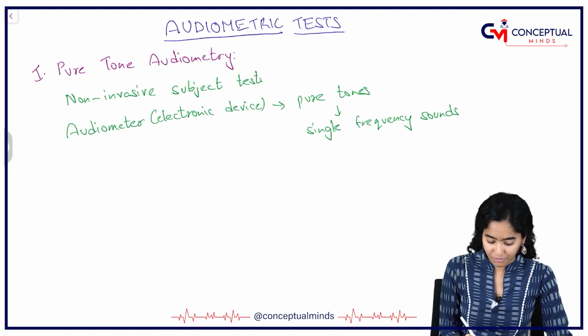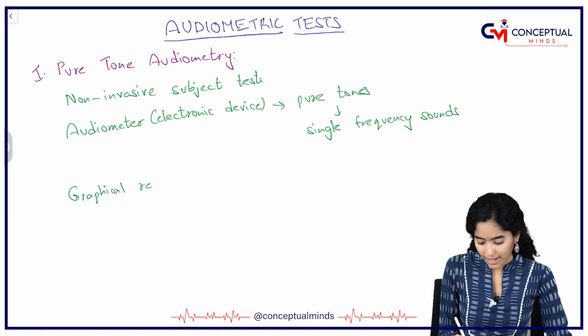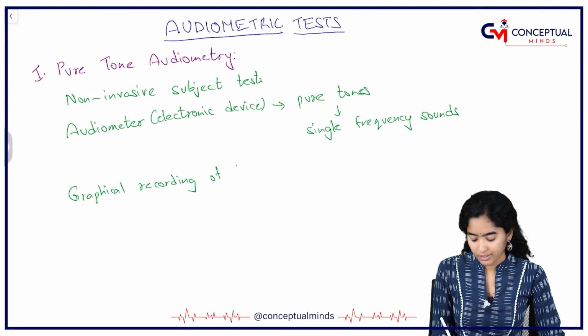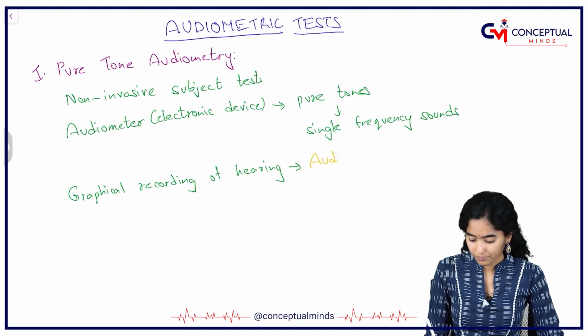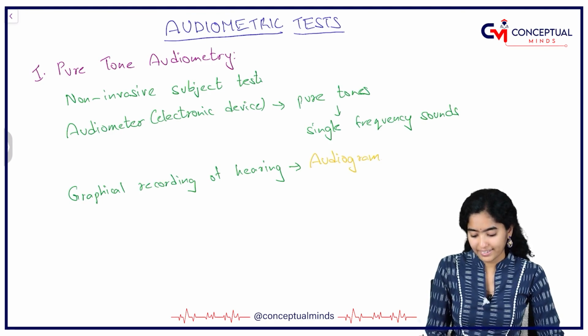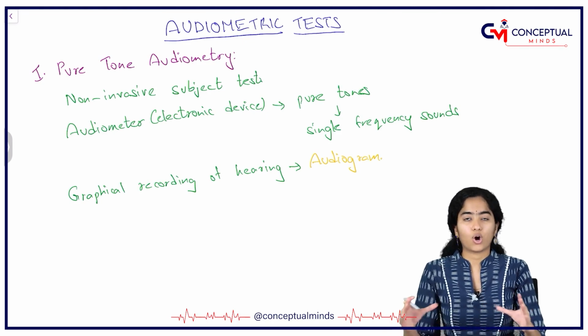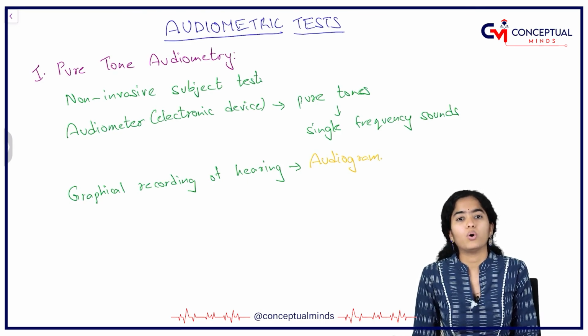And that graphical recording of hearing of the patient is called as an audiogram. Audiometry is the test and audiogram is the recording. The graphical recording on a chart paper is called as audiogram.